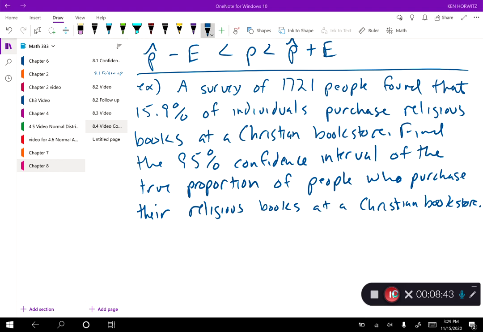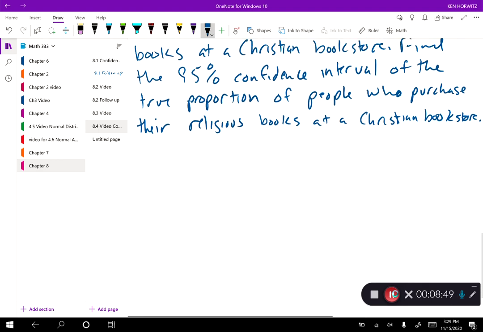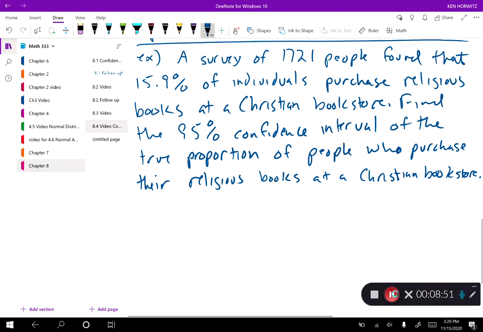All right, so I always like to state the things that I know first. I know what p hat is, because p hat's right here. So my p hat equals 0.159.